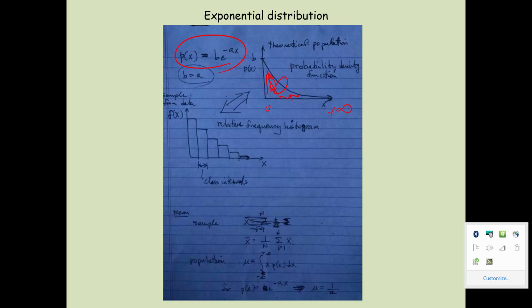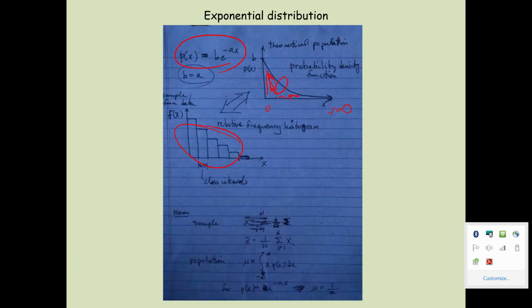Now we have talked a bit about the relative frequency distribution histogram. If I had some data in which I divided the data up into class intervals and counted how many values fall within each class interval, it might look something like what's shown right here.